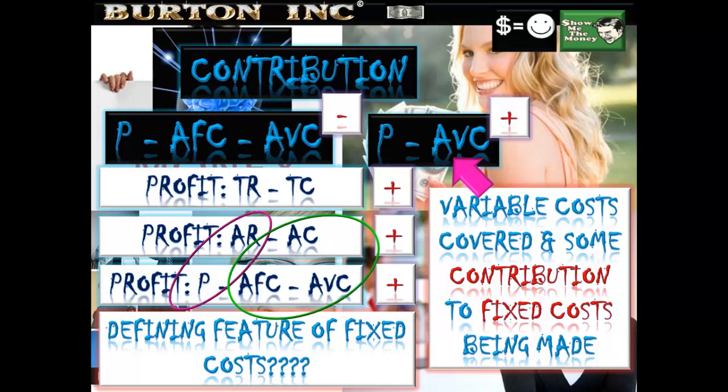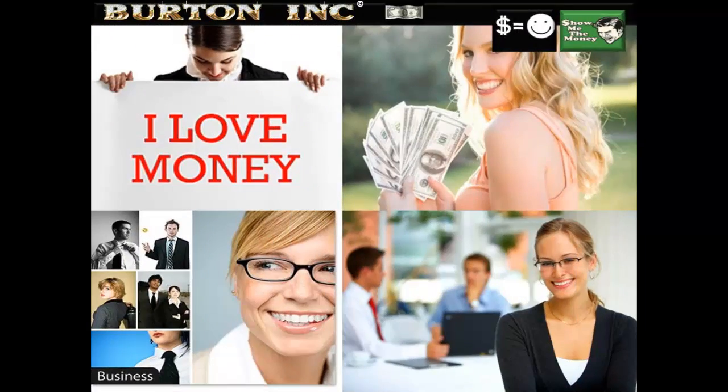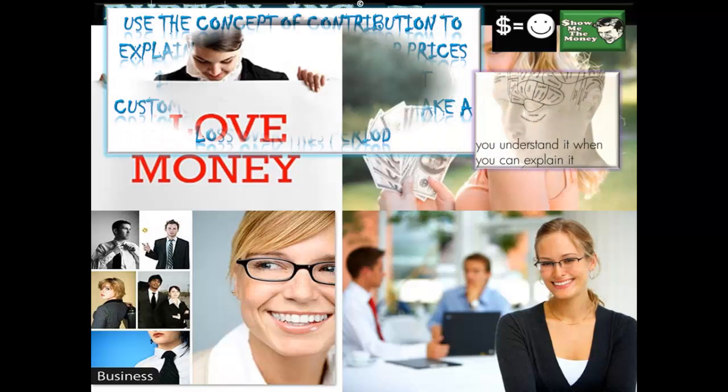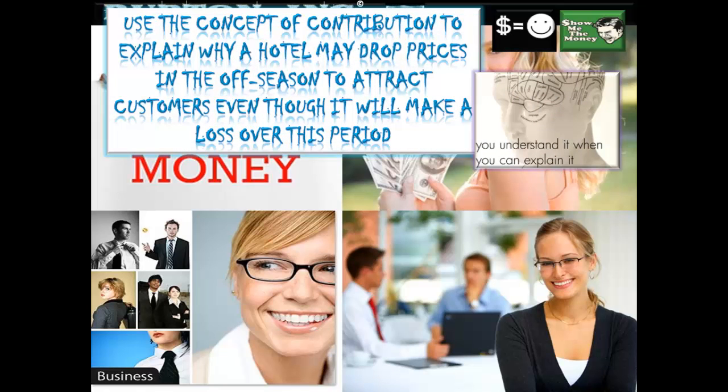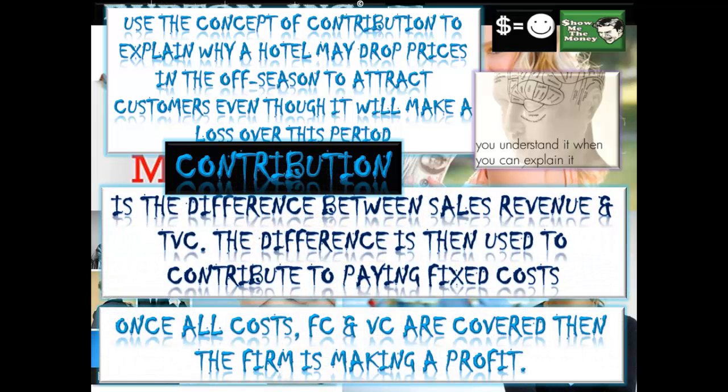Price minus average variable costs. The variable costs are covered and some contribution to fixed costs is being made. A contribution is important because, and this often comes up in exams as well, businesses often build some of their fixed cost components into their pricing.